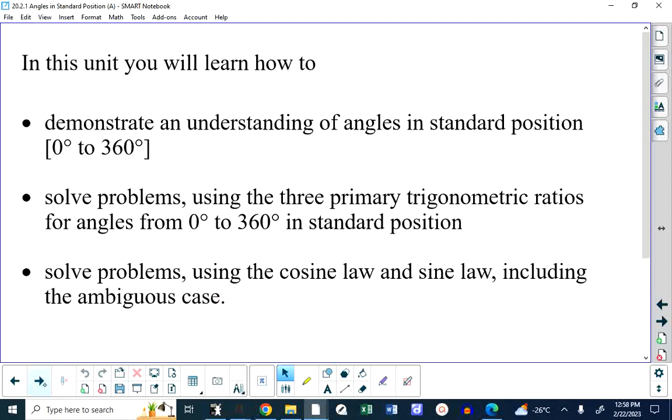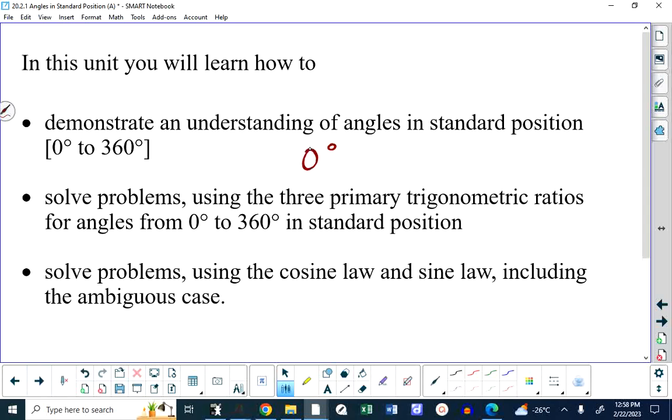So what we are going to be doing in this unit is looking at what's called an angle in standard position, and you'll notice that the angles have a domain, a set of values from 0 degrees to 360 degrees. This square bracket means less than or equal to in this context.